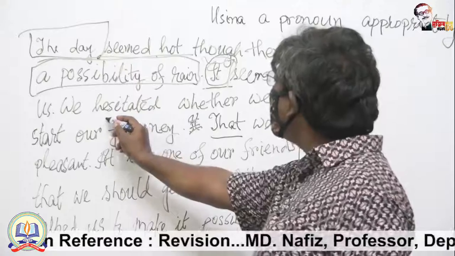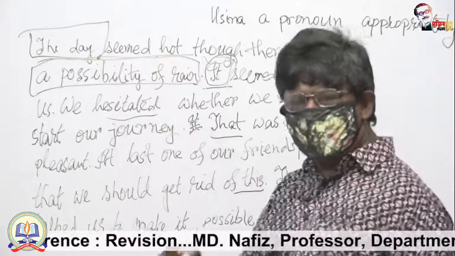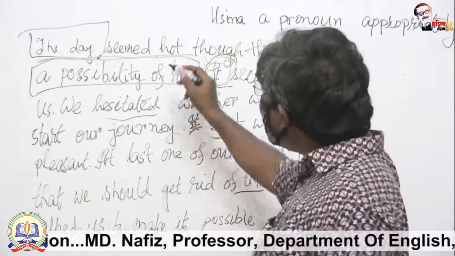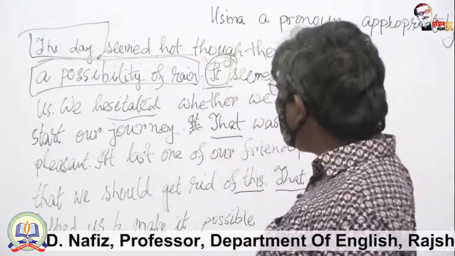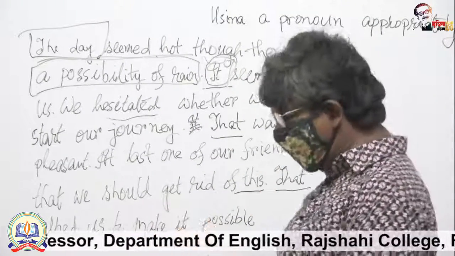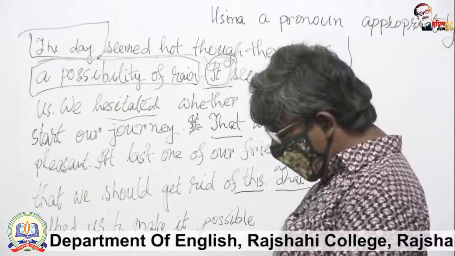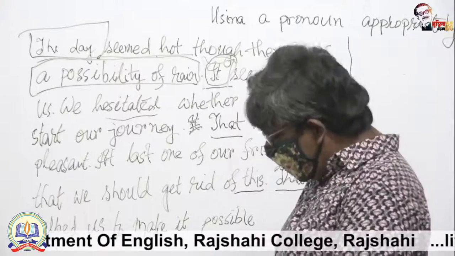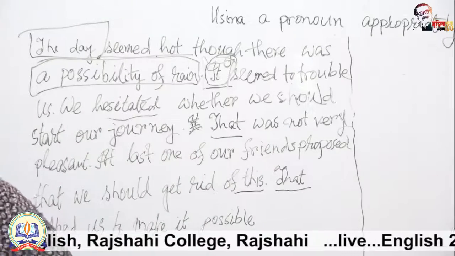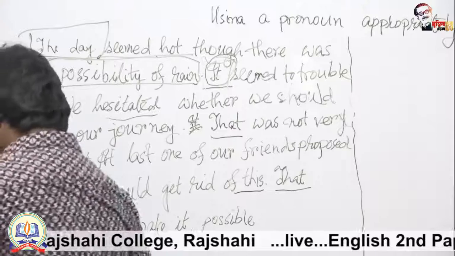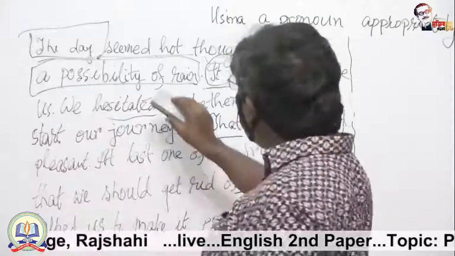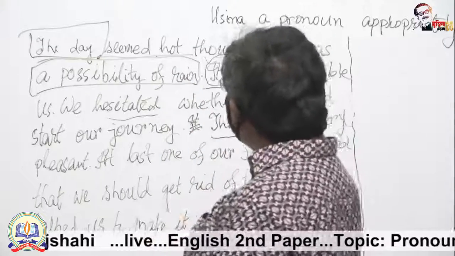So there was a sense of hesitation to make a decision to do something. Why are they hesitating? You get the message that the speaker and his companions are hesitating because of the possibility of rain.